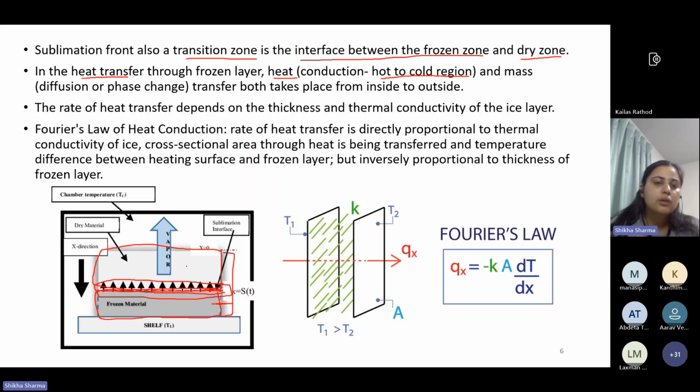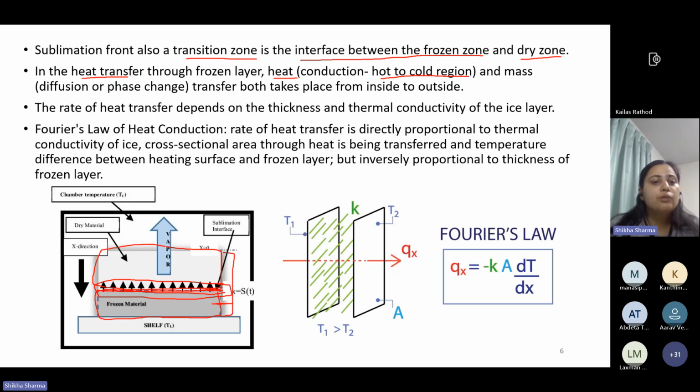Mass means our moisture. The food product has moisture which is transferring, through two mechanisms. One is diffusion, and the second is phase change. Phase change means ice is converting into water vapor, right?